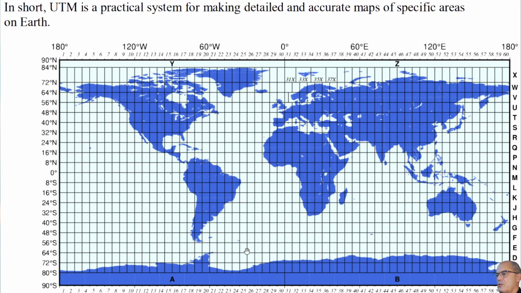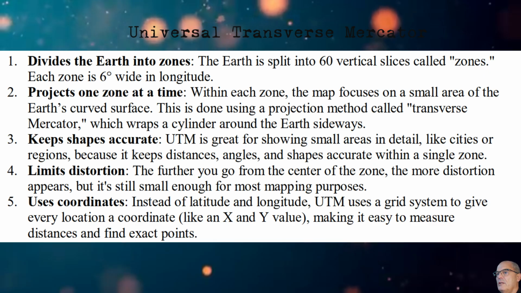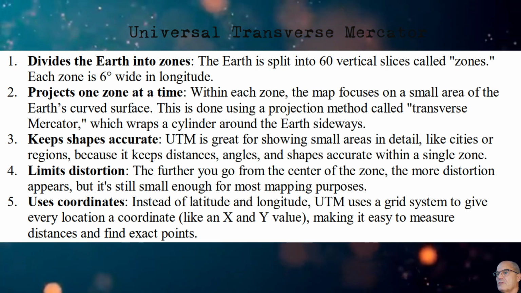The best projection to use is the UTM projection, Universal Transverse Mercator, because this projection divides the Earth into 60 vertical slices called zones.